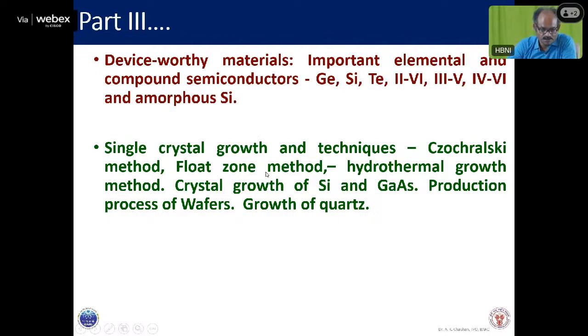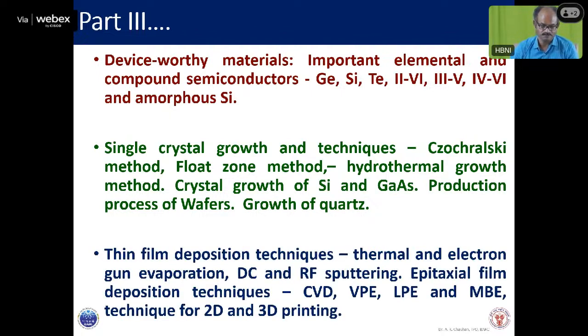The other is silicon crystal growth and techniques: Czochralski method, float zone method, hydrothermal growth methods, single crystal growth of silicon and gallium arsenide, production process of wafers, growth of quartz, and thin film deposition techniques, thermal and electron gun evaporation, DC and RF sputtering.